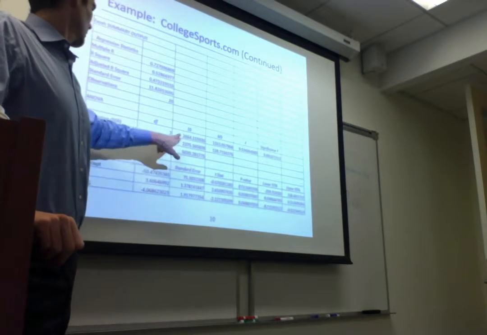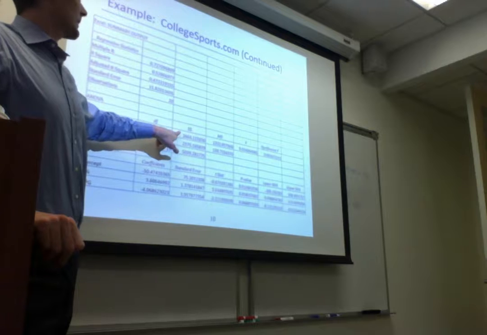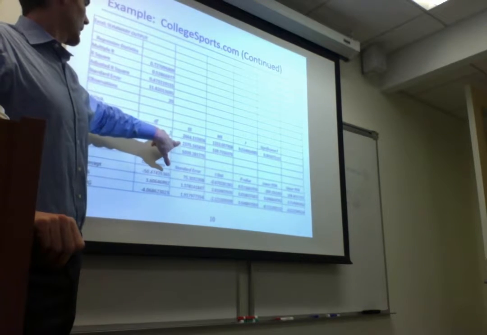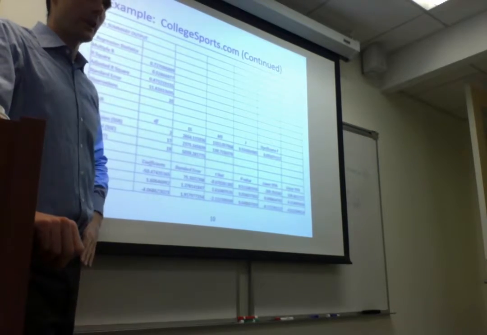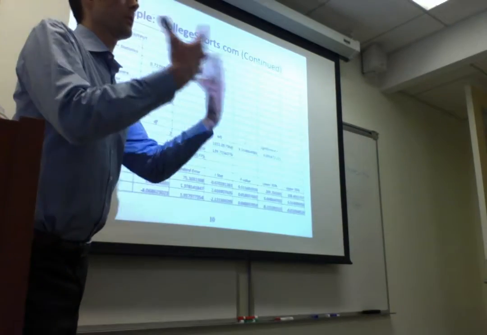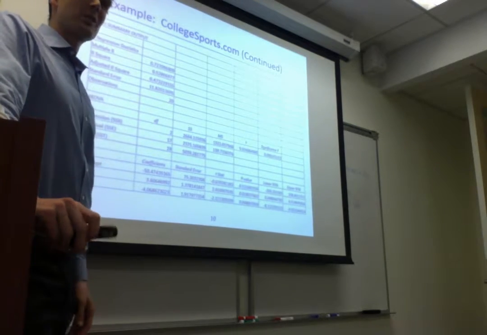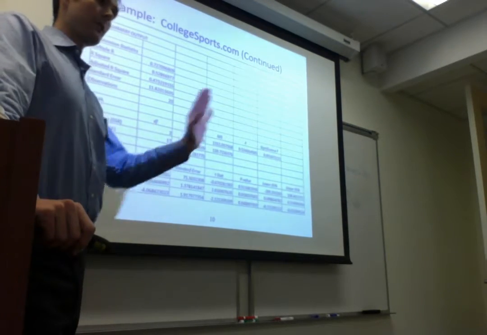So essentially, for the F distribution, we're going to take the ratio of the explained variation over the unexplained variation. And if that ratio is high, we're going to say we've got something useful. If that ratio is close to 1, then we're going to say we don't have something useful.